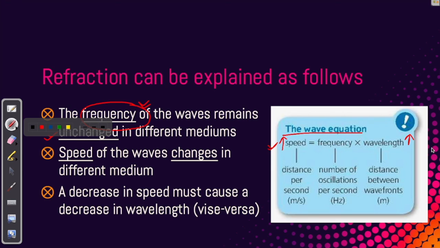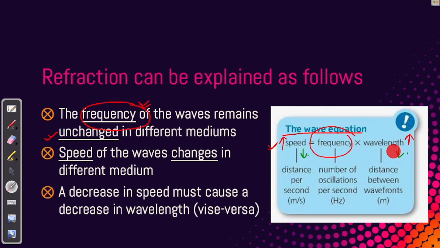Whenever the speed increases, the wavelength increases, as we saw in the previous slide, because the frequency stays static. It never changes. Whenever the speed goes down, the wavelength will also go down, so that the wave equation can hold true.